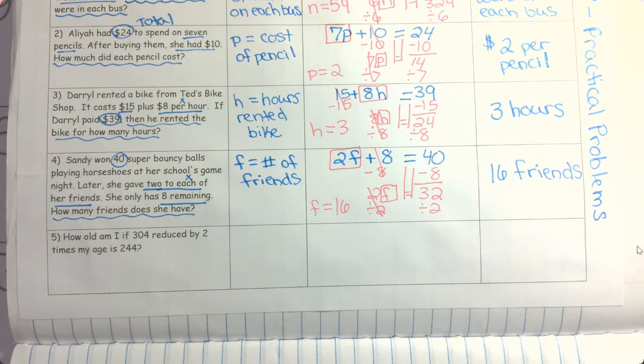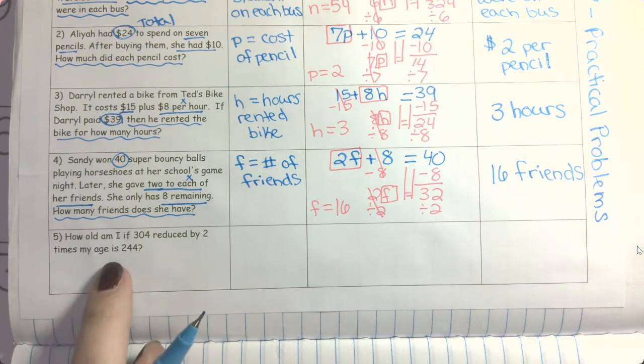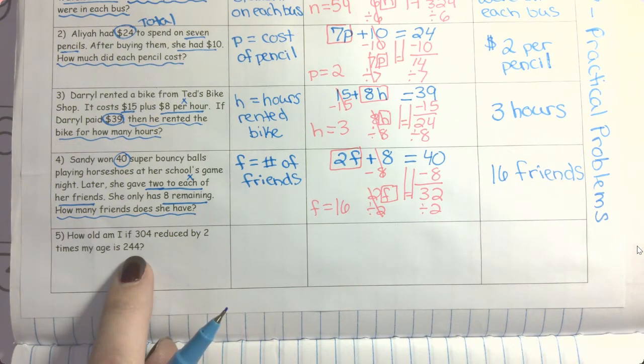All right, and this last one. How old am I if 304 reduced by 2 times my age is 244? This one is set up a little bit differently. I'm not actually adding anything together here to get my total.